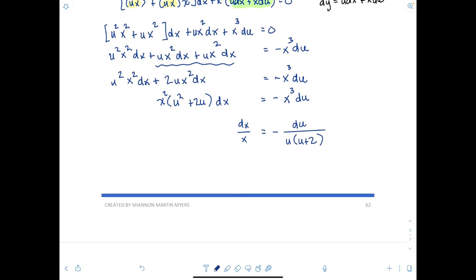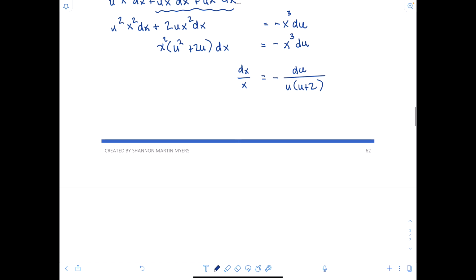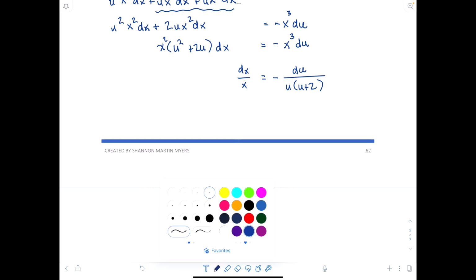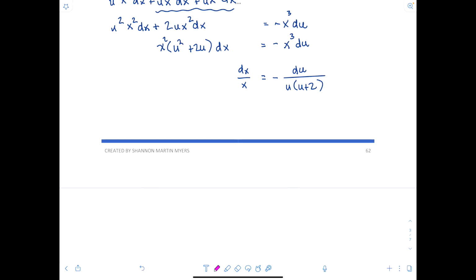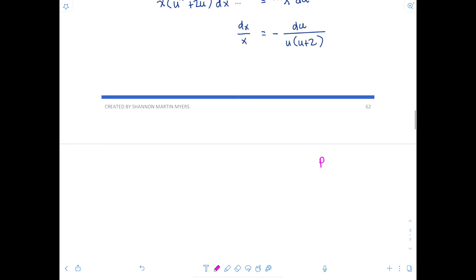Now you might say this is still kind of off, but that's okay because we have all of these neat tricks we can use. What I see set up right here is something we want to run a partial fraction decomposition on. On the right hand side, I'm going to have A over u plus B over u plus 2.